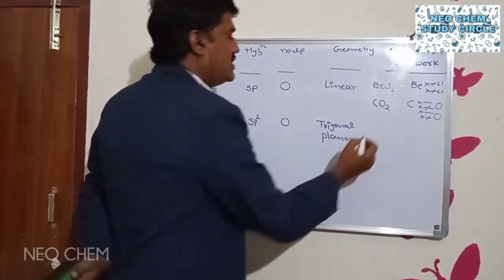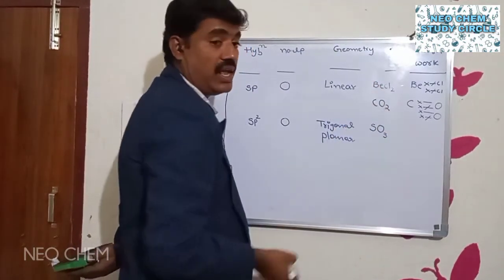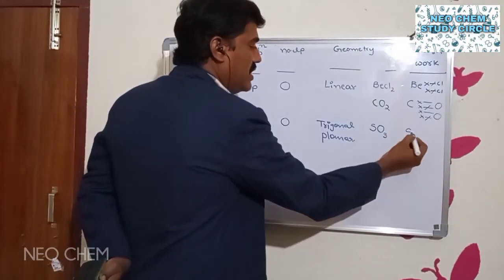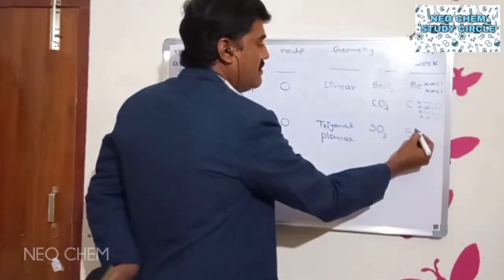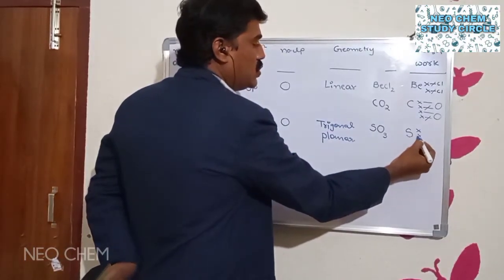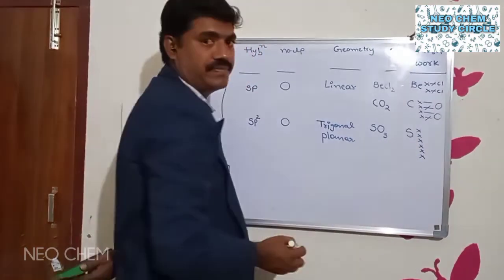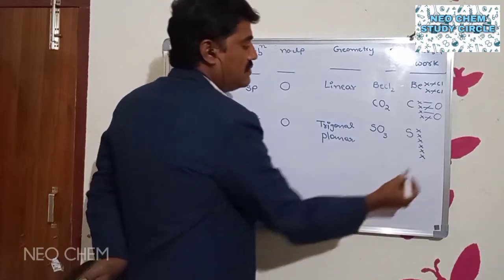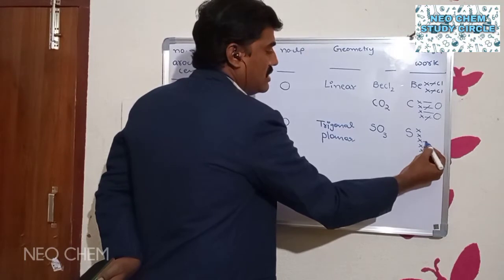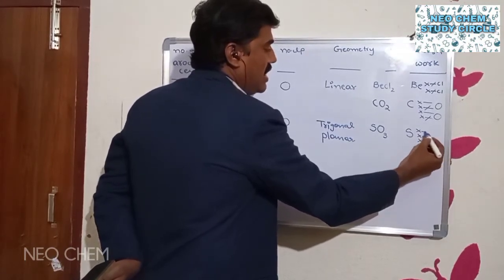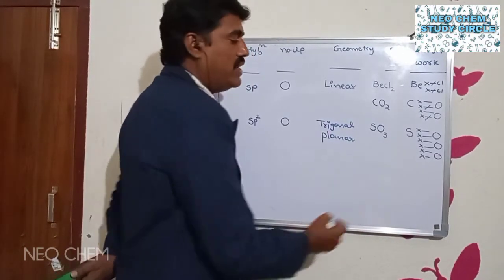Okay. For example, sulfur trioxide, where sulfur is the central atom, which belongs to 6th A group. So it should have 6 valency electrons, 1, 2, 3, 4, 5, 6. Next, there are 3 oxygen atoms with 2 electrons together, 1 oxygen, second oxygen, and third oxygen. In each double bond, 1 sigma bond is there.